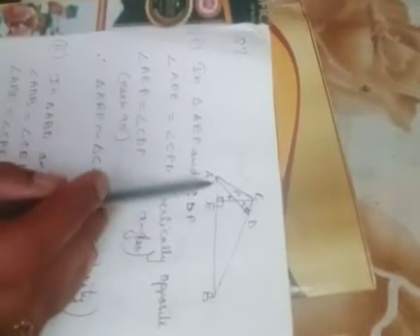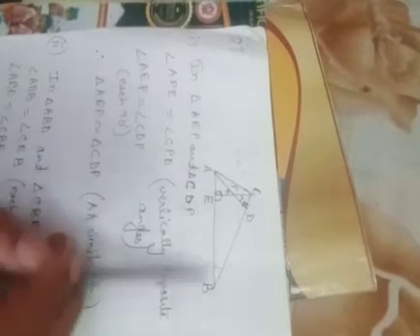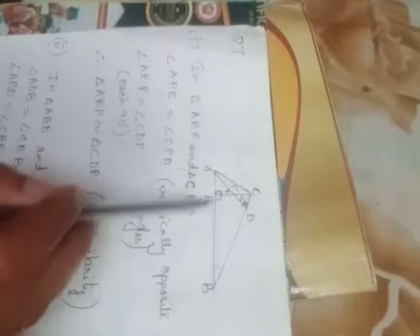So next you have to show that triangle ABD is similar to triangle CBE. So let's start. In these two triangles you can see that angle B is common, angle ABD and CBE.